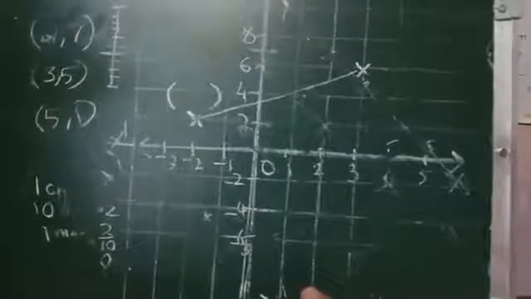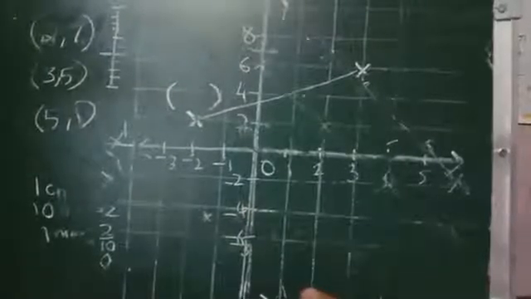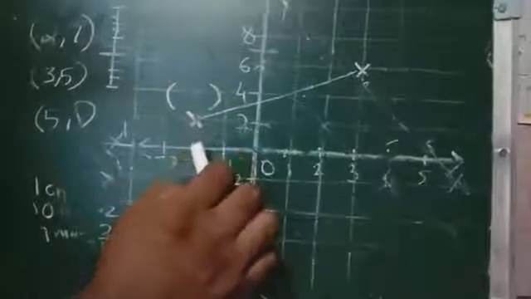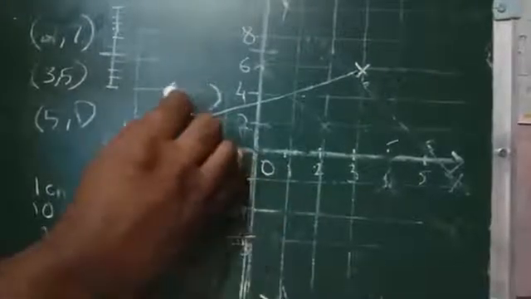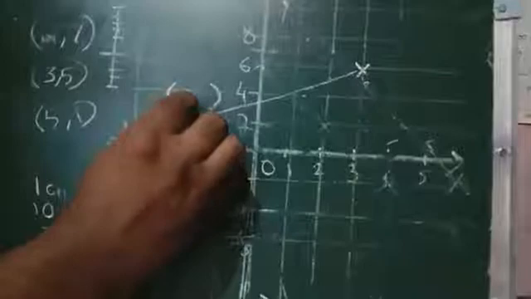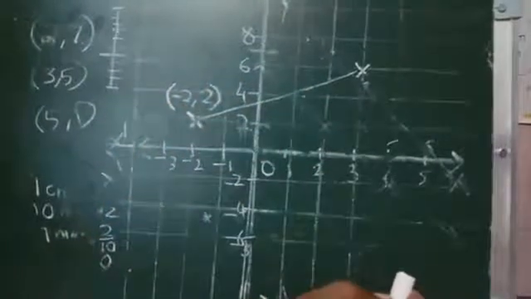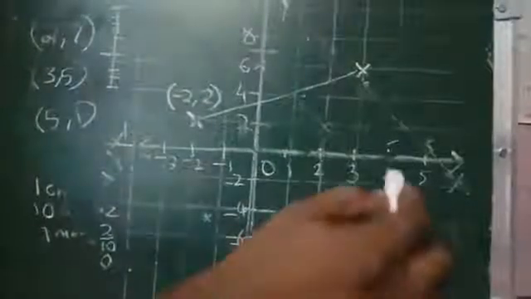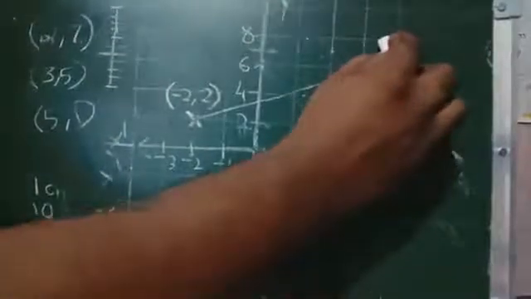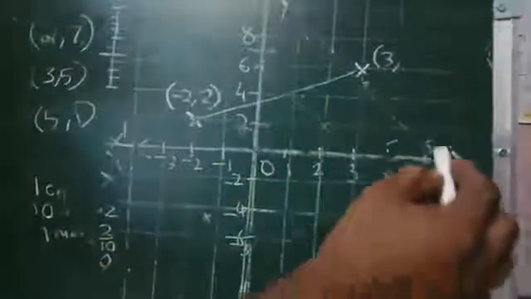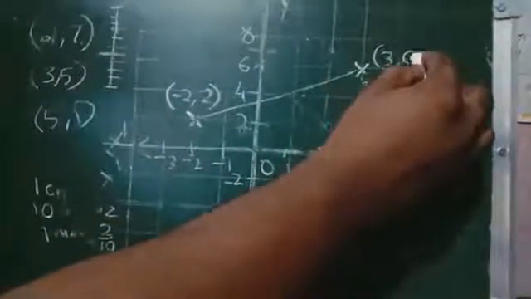Everything you have learned in your previous classes. Now find the coordinates of this point. Here x coordinate is -2 and y coordinate is 2. And similarly here x coordinate is 3 and y coordinate is 6.